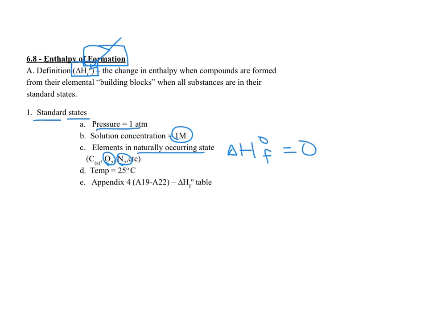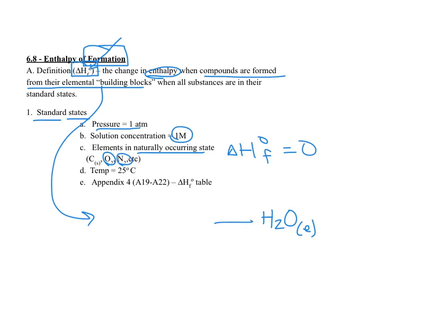Our enthalpy of formation values, what that means, it's the change in energy. So enthalpy, when we talk about enthalpy, we're talking about basically energy. It's the change in energy when compounds are formed from their elemental building blocks. So what that might look like would be, for example, if we're talking about the enthalpy of formation of water, it would be the amount of energy that's absorbed or released when water is formed from its elemental building blocks.